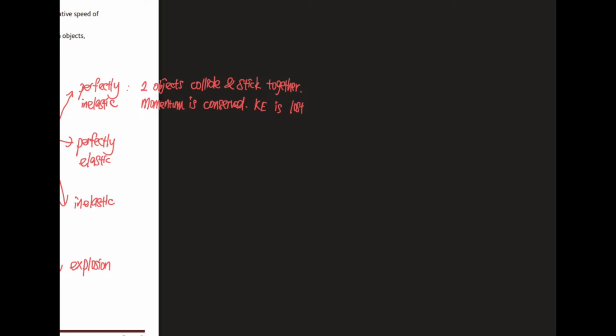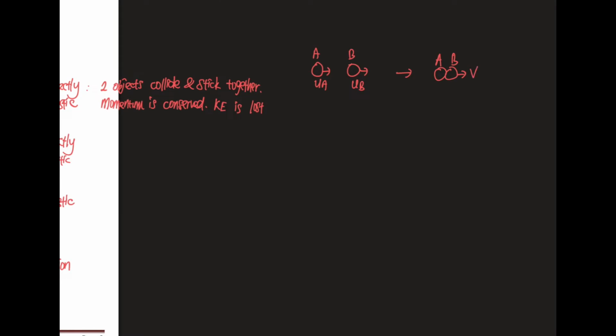Try to imagine, I draw out the pictures. You have object A and object B, moving with uA and uB. After collision, they stick together and move with a common speed of v.